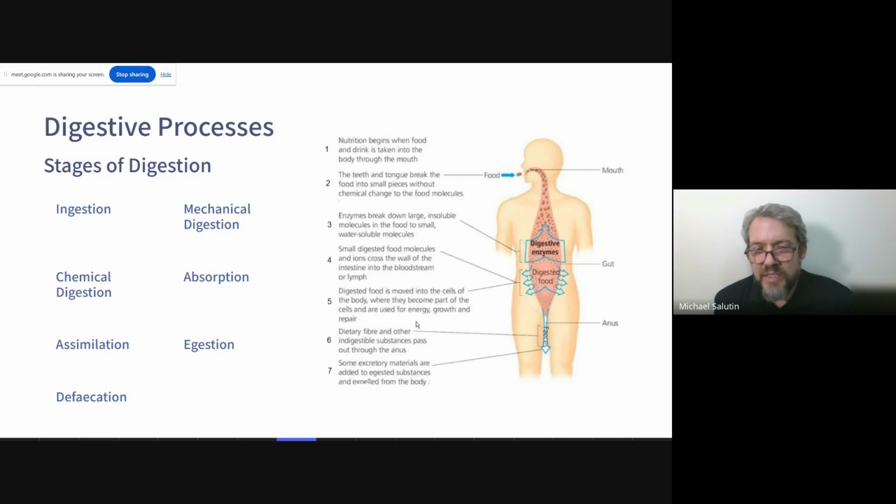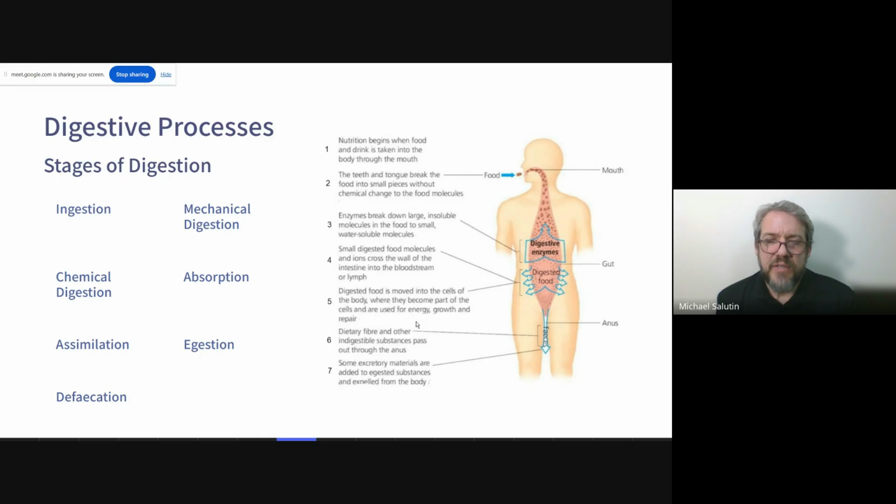So that digested food is moved to the cells of the body all over the entire body through the bloodstream and the lymphatic system, where they become part of the cells and are used for energy, growth, and repair. And that happens in the lymphatic system for lipids, and it happens in the bloodstream for glucose and amino acids. They are carried in the plasma of the blood.